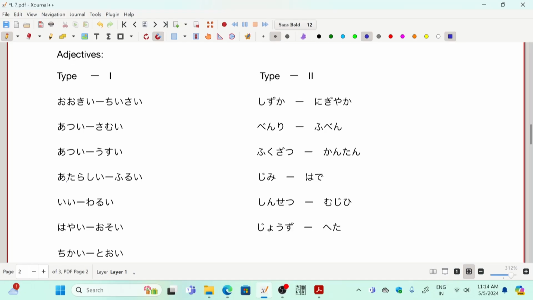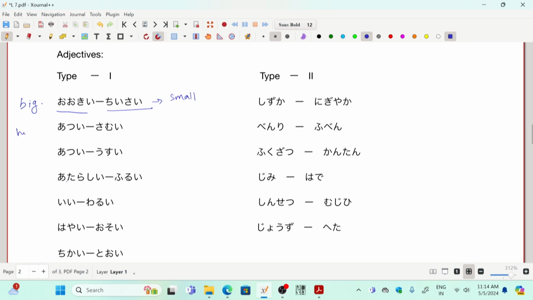So let's see a few examples first. Okii, then chiisai, these are I type adjectives. Okii is big, chiisai is small. So these adjectives are given in pairs.